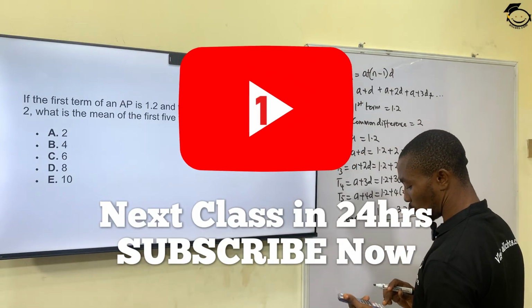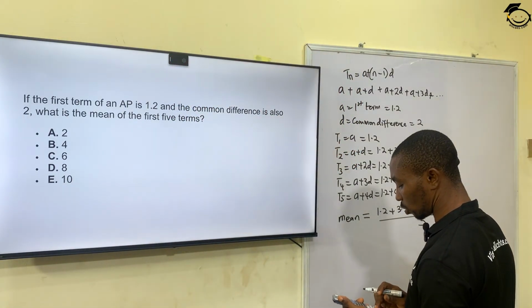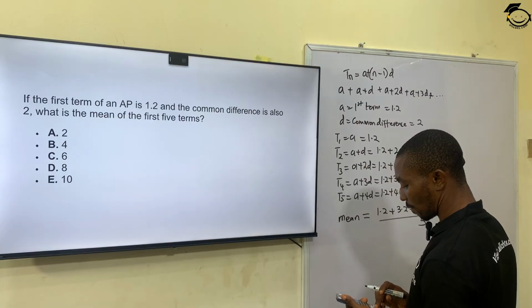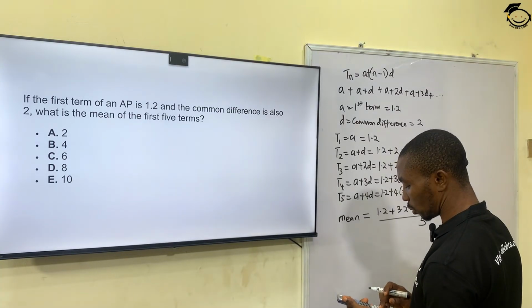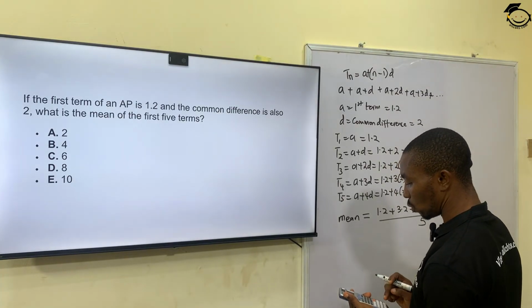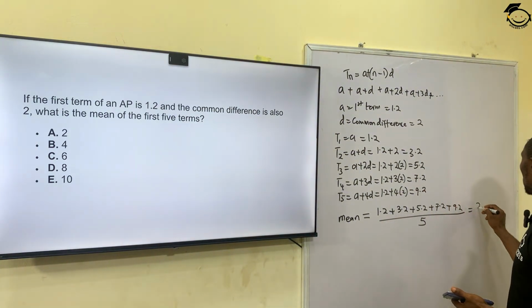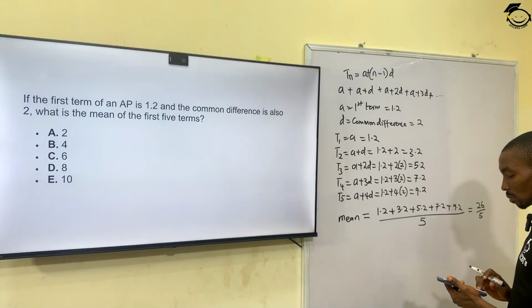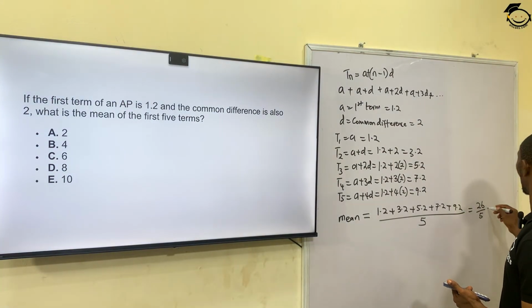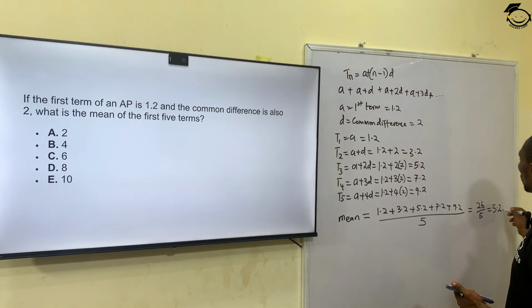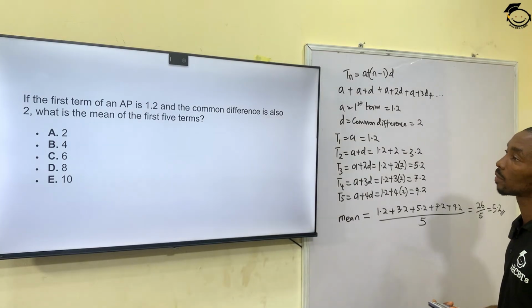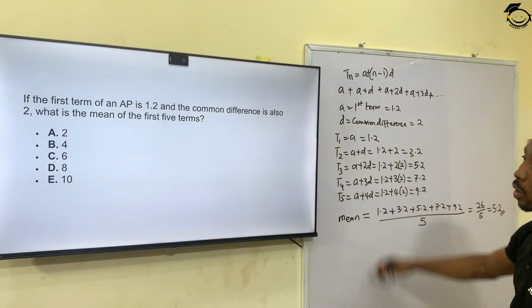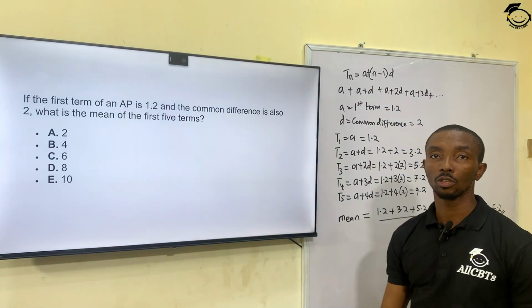Okay? So 1.2 plus 3.2 plus 5.2 plus 7.2 plus 9.2 would give us 26. So 26 divided by 5 would give us 5.2. So the mean of the first 5 terms for this sequence will be 5.2.